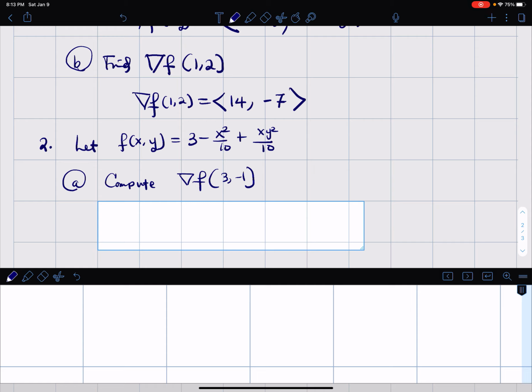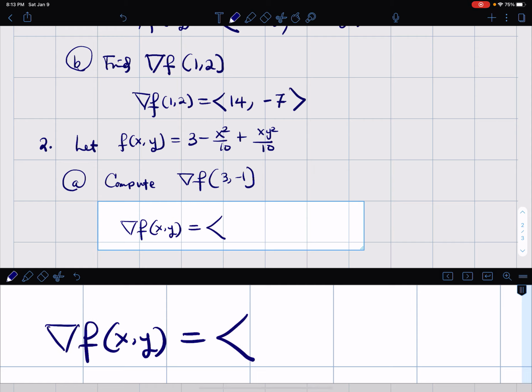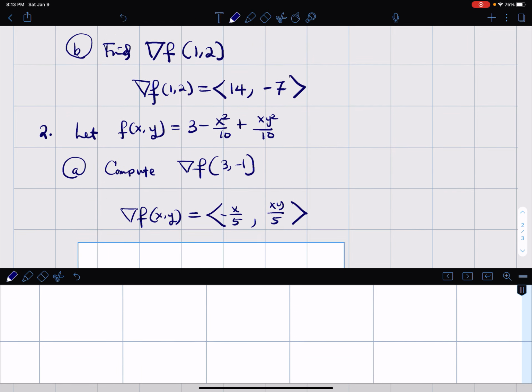So the gradient at any (x, y) is (−x/5, 2xy/10), which is xy/5.